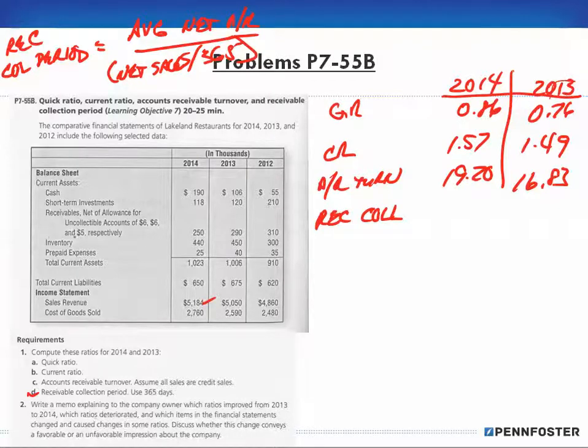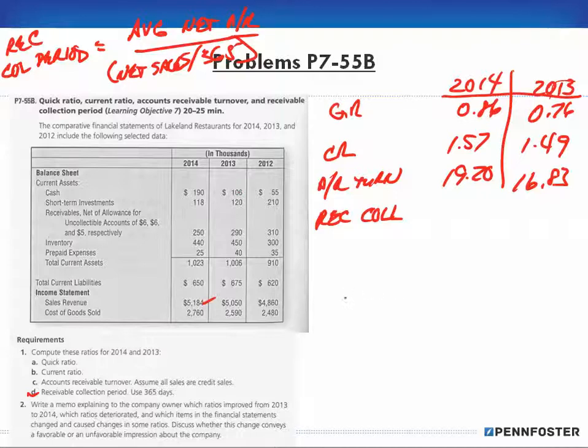But since we're only dealing with sales revenue, we just have to average out our receivable. We don't have to calculate our net because we're not dealing with an allowance for uncollectible accounts.